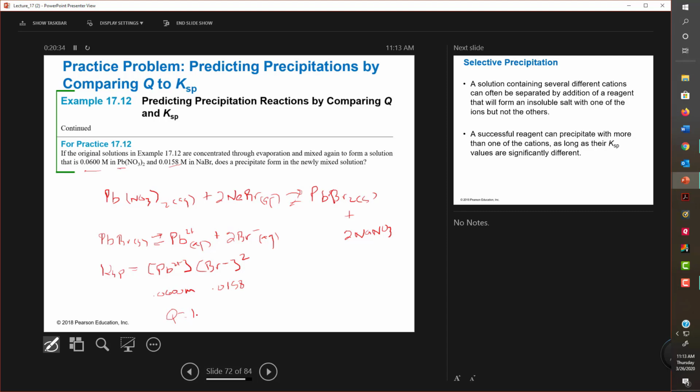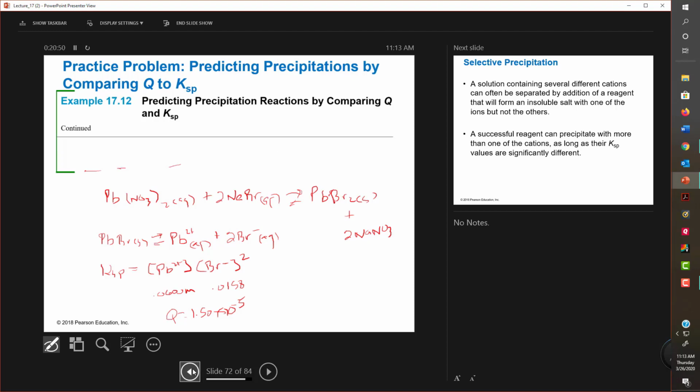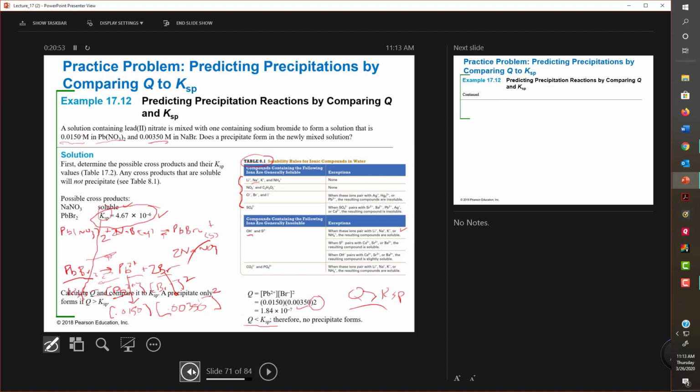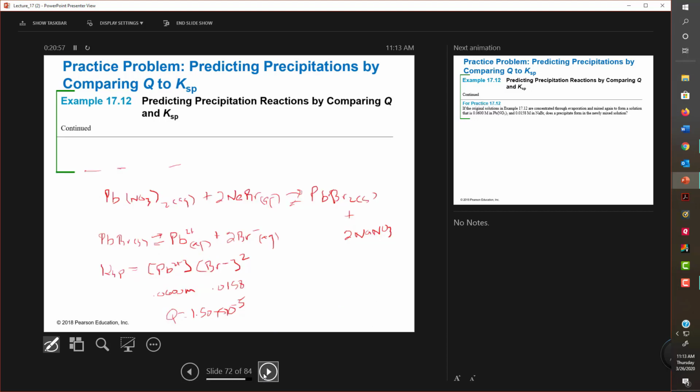Then we compare that to the KSP, so let's flip back a slide. It's 4.67 times 10 to the negative fifth. So Q is greater than K, and because Q is greater than K, this reaction is going to go this way, and the precipitate is going to form.